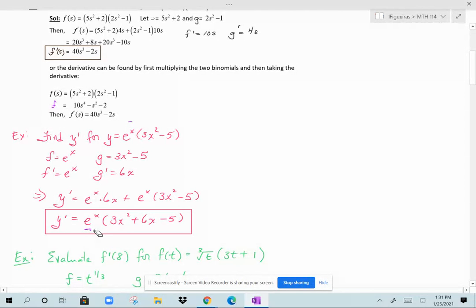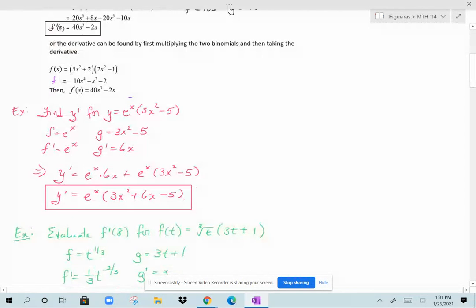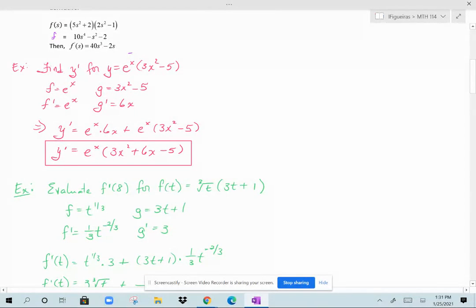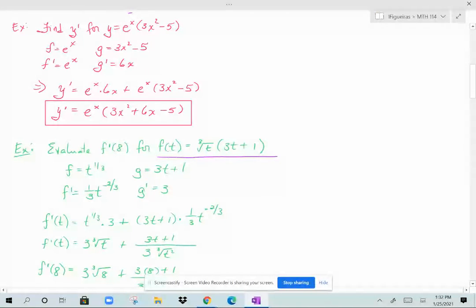Okay, so let's move on. Let's evaluate a derivative at 8. So let's evaluate f prime of 8 for this function, which is again a product. I have a product of a cube root times a linear function. So the third root of t is my f, and I'm rewriting that as an exponential so that I could take the derivative easily.